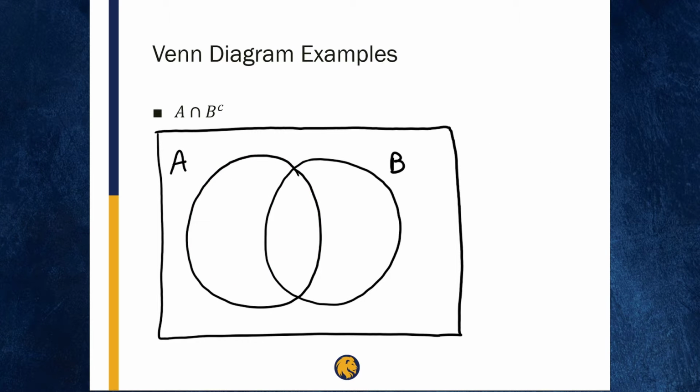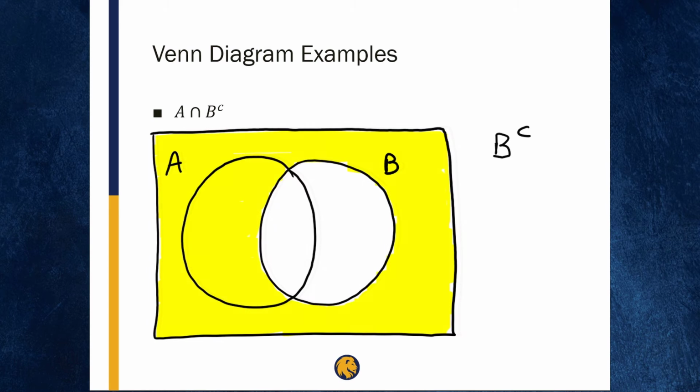How are we going to draw a Venn diagram to illustrate this situation? Well, let's consider first what B complement looks like in a Venn diagram. B complement is everything outside of B. So I've shaded that in here.